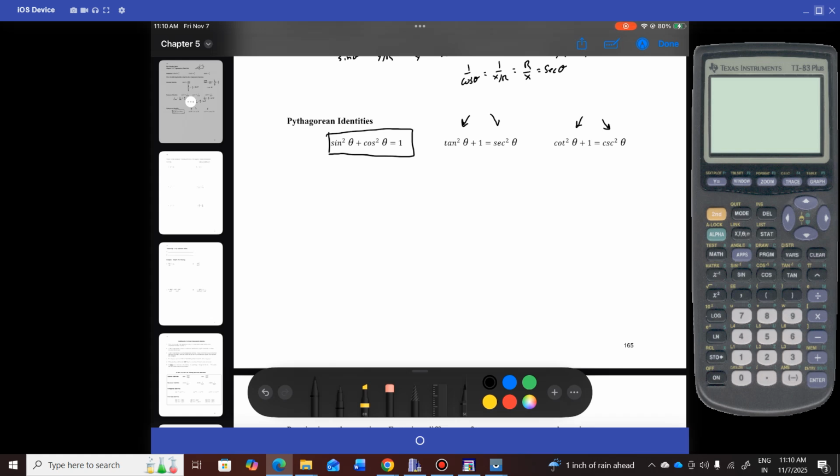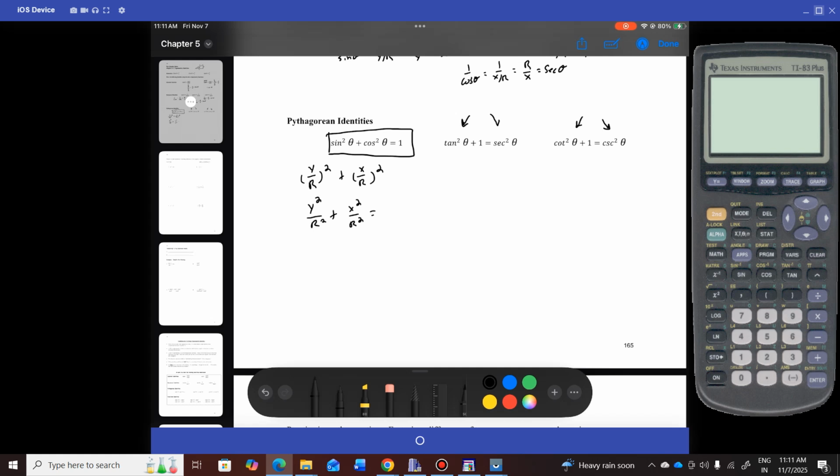Okay, so we'll start with sine squared plus cosine squared. Sine is y over r, and it's squared, plus x over r, and that's squared. And so this will get y squared over r squared plus x squared over r squared.